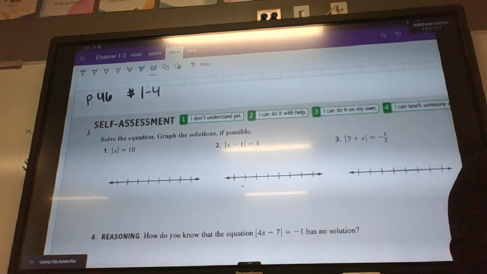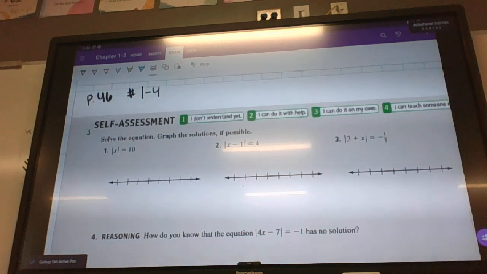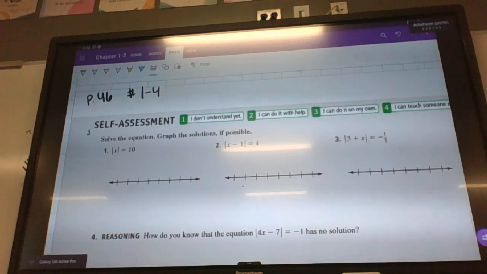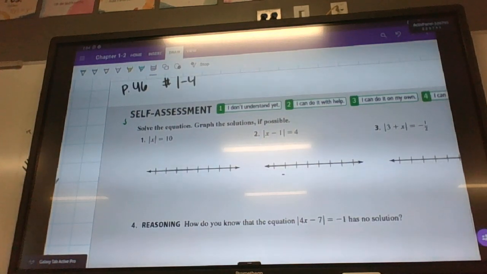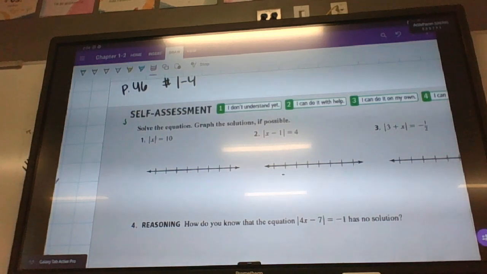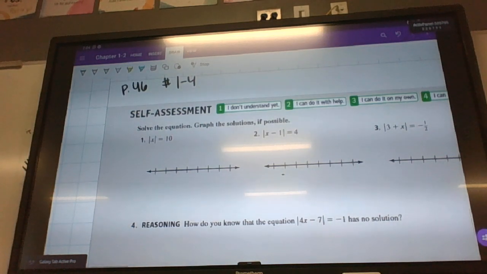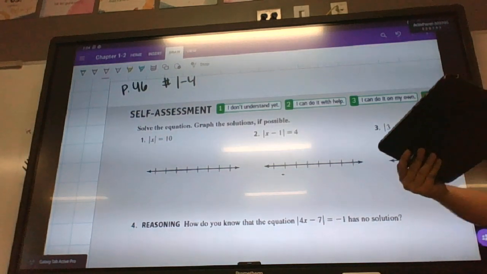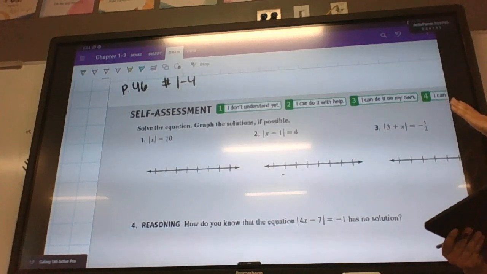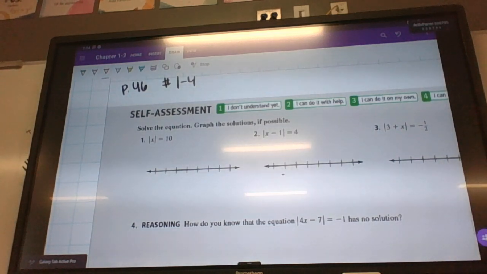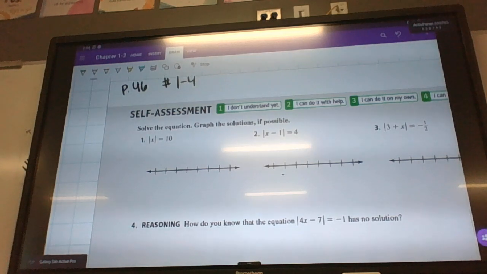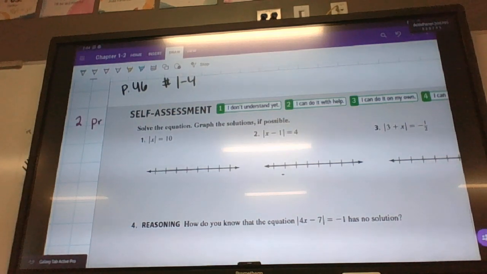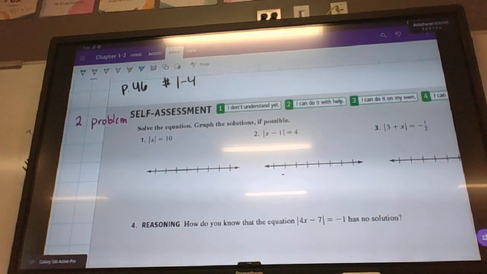All right, we're going to solve, and it says graph the solutions on the number line. Okay, so it says isolate the absolute value bars. That's done. And then it said set up 2 equations. Drop the bars, keep one the same, turn one negative. There's 2 possibilities.